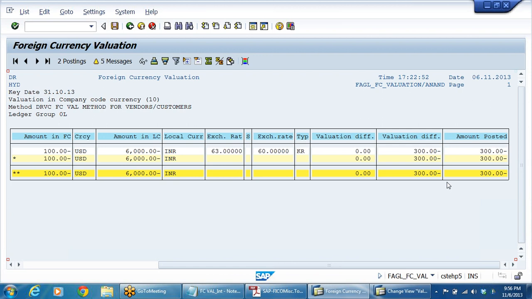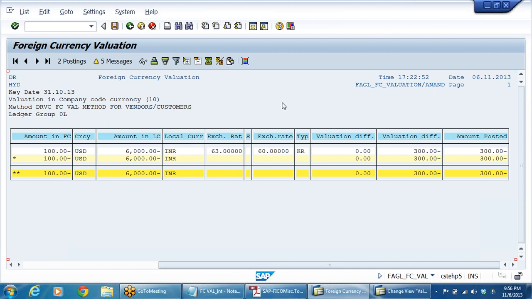In a real scenario you will have hundreds of line items, because whenever you procure any material, the system will pick up all the line items, not only vendors, simultaneously the system will pick up vendors and customers both, right? And if you want to post the accounting entries for all of them, you have to take it up through batch input session.